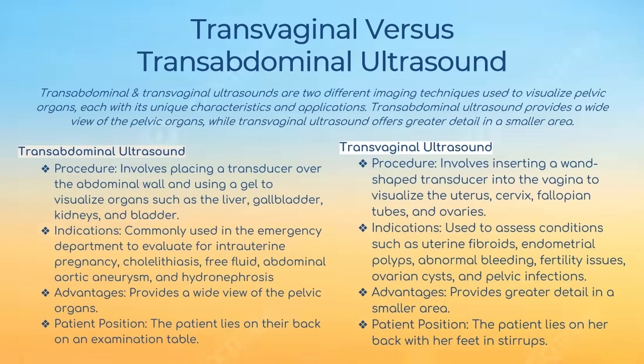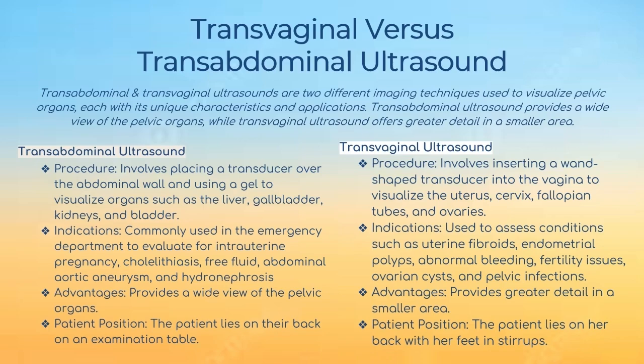So, transvaginal versus transabdominal. Transvaginal and transabdominal ultrasounds are two different imaging techniques used to visualize pelvic organs, each with its unique characteristics and applications. Transabdominal ultrasound provides a wide view of the pelvic organs, while transvaginal ultrasound offers greater detail in a smaller area. Transabdominal ultrasound involves placing a transducer over the abdominal wall and using gel to visualize organs such as the liver, gallbladder, kidneys, bladder, and pelvic organs.